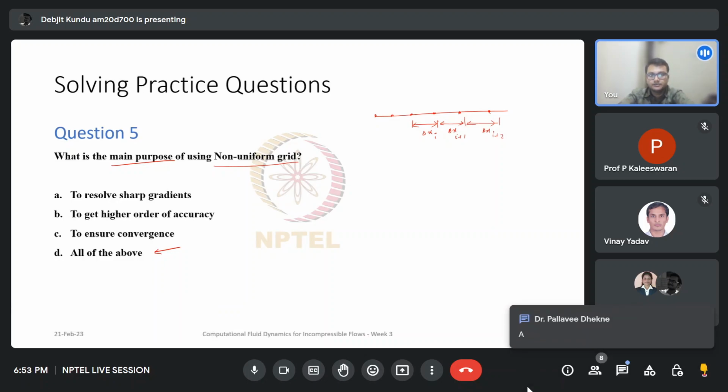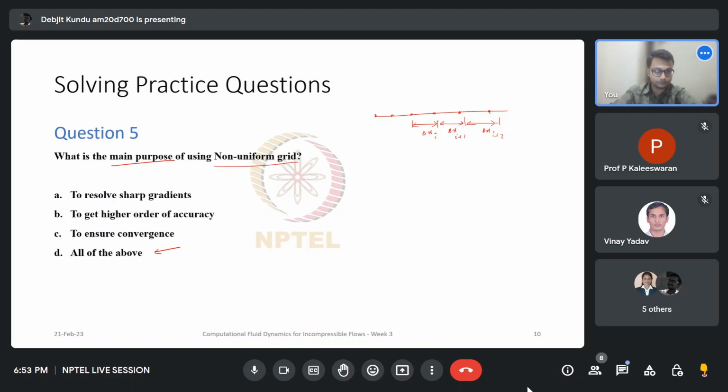What is the main purpose of using a non-uniform grid? Is it option A, to resolve sharp gradients? Is it option B, to get a higher order of accuracy? Is it option C, to ensure convergence? Or is it D, all of the above? We have another answer in favor of option A, to resolve sharp gradients.